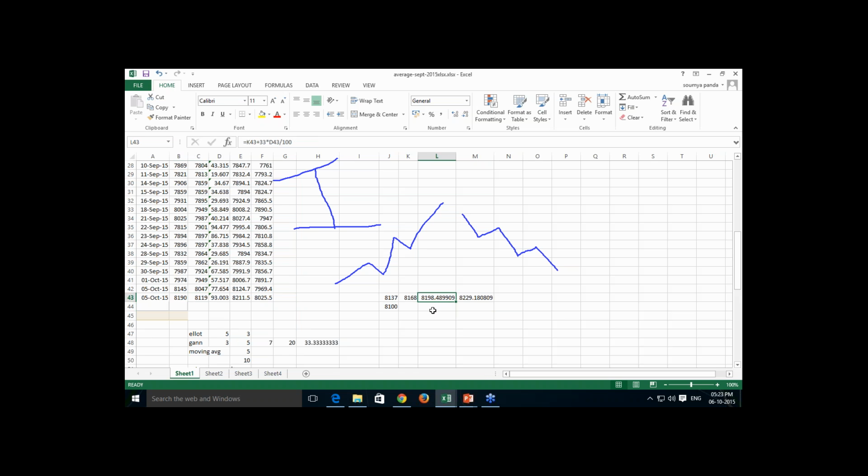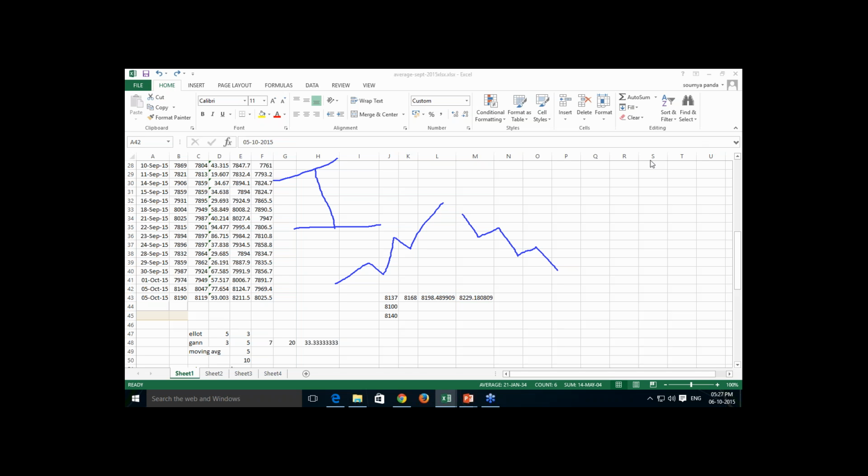I can think of buying for an optimum target of 8229. If it doesn't increase to that level, I may think of buying at 8168, or I may think of buying at 8137. So 8137 will be a greater point for purchasing as per this particular method.